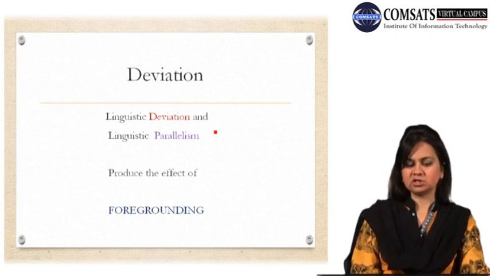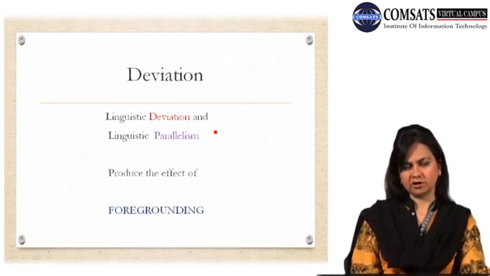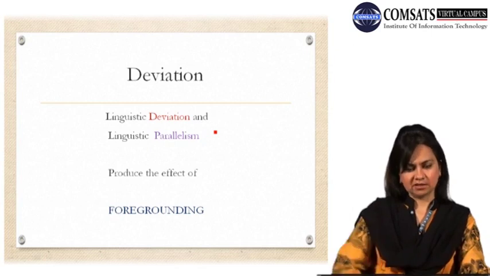Now, linguistic deviation and linguistic parallelism are the two ways through which a writer can produce foregrounding. Either a writer may bring something to the front through the use of deviation, or he may choose to bring something to the forefront with the help of parallelism.